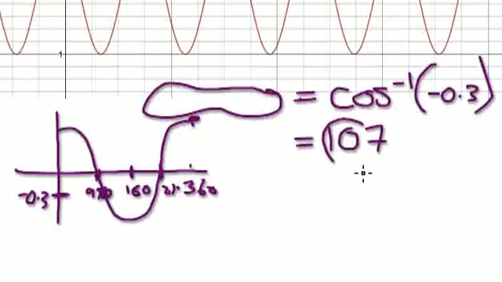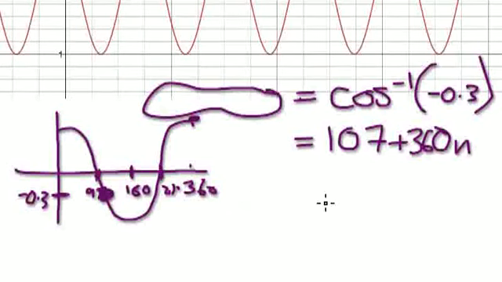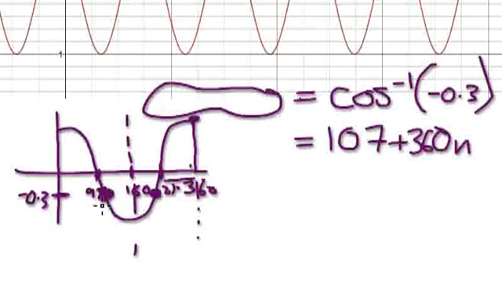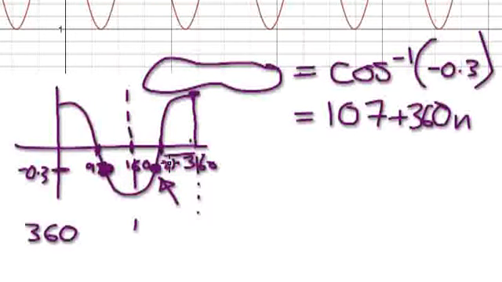This point, this 107, is this point here, so this will be 107 plus multiples of 360n. Then we still need to find this other point. It's symmetrical along here, so develop your own way of doing it. I'm just going to get 360 and take away this distance here, which also happens to be 107.